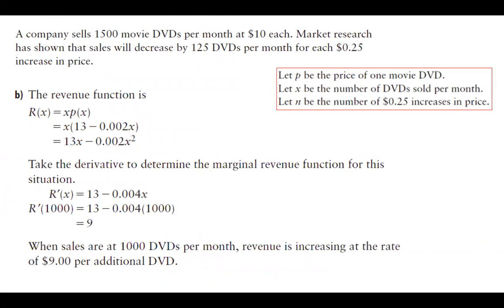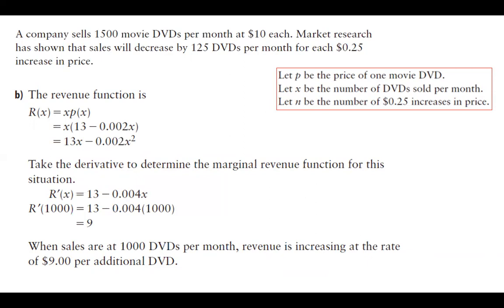Next, let's have a look at the revenue function. Remember, the revenue function R(x) is a product of P(x) and X, right? Unit price times the number of units sold. So here we have already known the P(x).